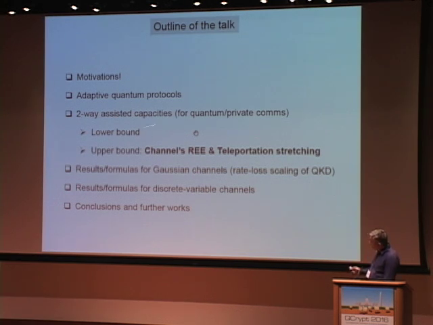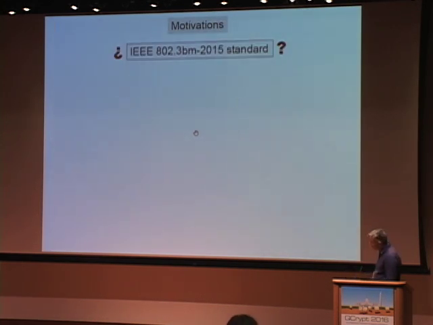And then how you may define two-way assisted capacity for quantum and private communications. Now, most of the talk will actually be on methodology, so how to compute these capacities, how to find upper and lower bounds. And then at the end, I will talk about specific applications of this methodology, so the formulas that we found for Gaussian channels and discrete variable channels. But let's start with the motivation.